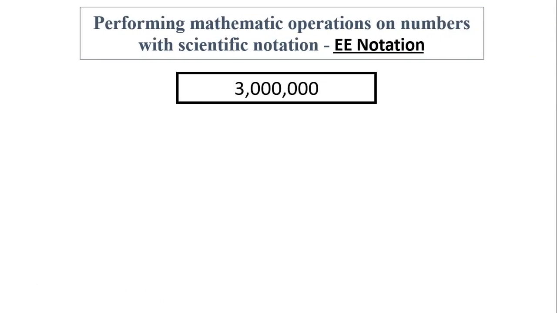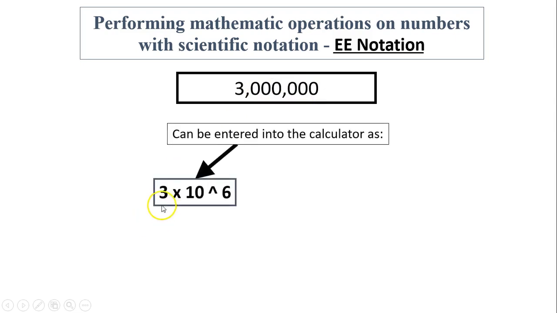Now, how do we perform mathematical operations on numbers with scientific notation, or EE notation? For example, 3 million, 3 followed by 6 zeros. In the calculator, you can write down 3 times 10 to the power of 6, or you can write 3e6.